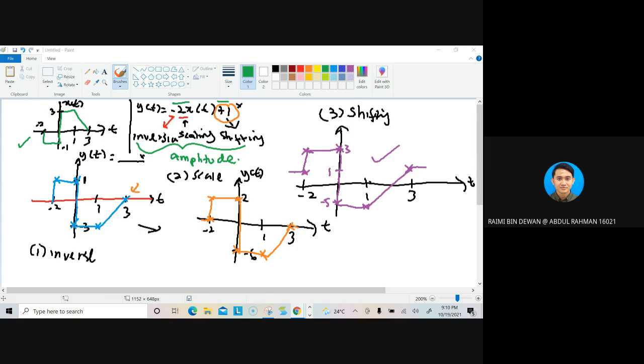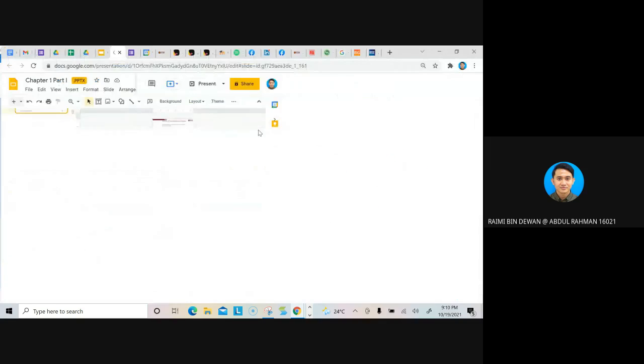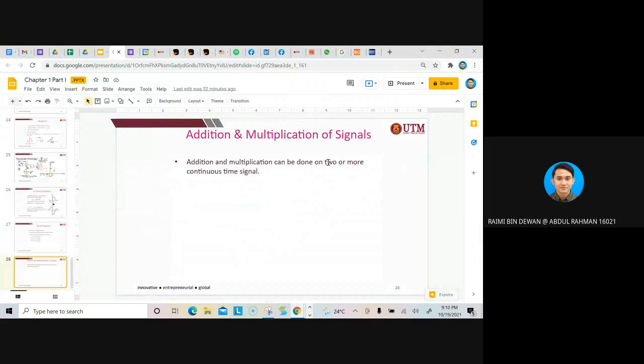And then next, addition and multiplication can be done on two or more continuous time signals. Of course, you need to master the basic operations first, which are the time operations, time inversion, time scaling, time shifting, and then the amplitude operations: amplitude scaling, amplitude shifting, and amplitude inversion.